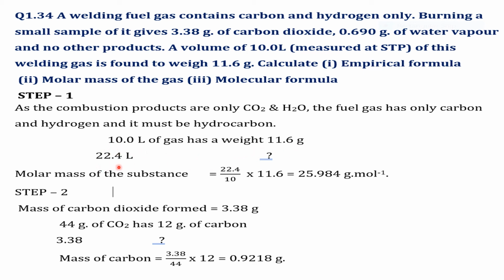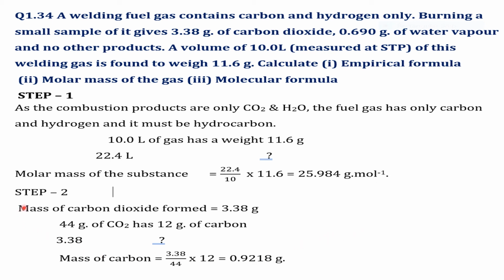Then 22.4 liters has how much? We know that the mass of 22.4 liters of gas at STP conditions is nothing but molar mass. Thus, the molar mass of the substance equals 25.984 grams per mole.